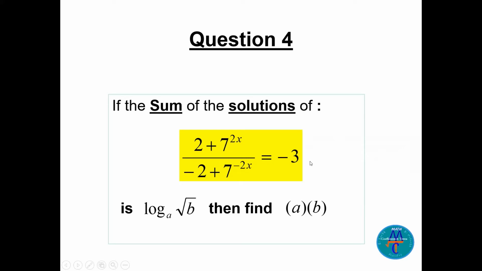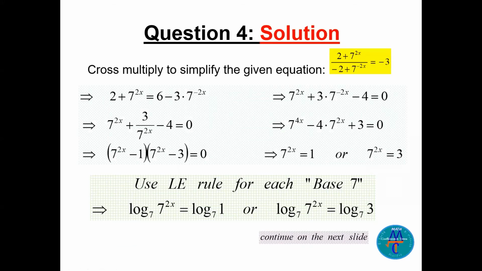It's a little long also. We have to cross multiply first, then rearrange the equation, then find the solutions, and then we add the solutions because we need the sum. So there is a little work here we have to do.